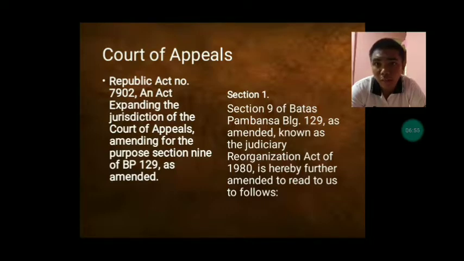Section 9 of Batas Pambansa Blg. 129, as amended, known as the Judiciary Reorganization Act of 1980, is hereby further amended to read as follows: original jurisdiction in petitions for the issuance of writs of prohibition, mandamus, quo warranto, or habeas corpus.